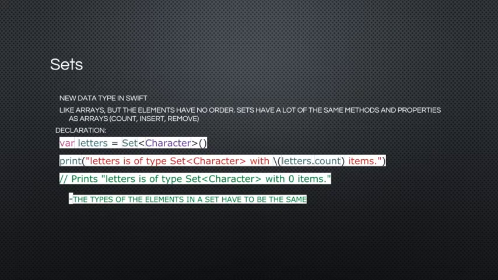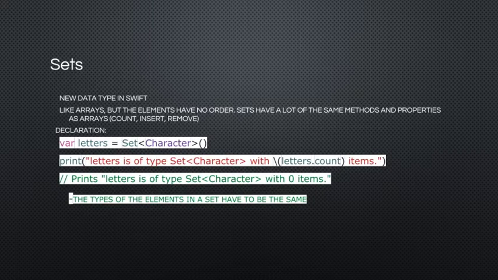It's pretty intuitive. So we'll move on to sets, and sets are a data type kind of like an array, but it's a little bit weird to think about because sets don't have an order. It's just a collection of data without any kind of order, for a better way to put it.